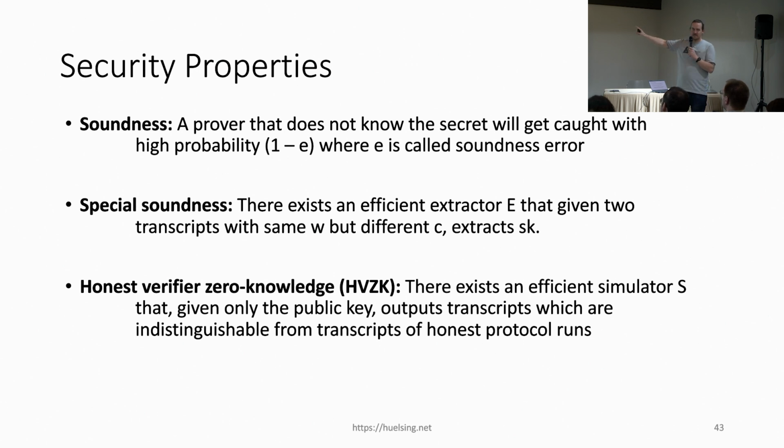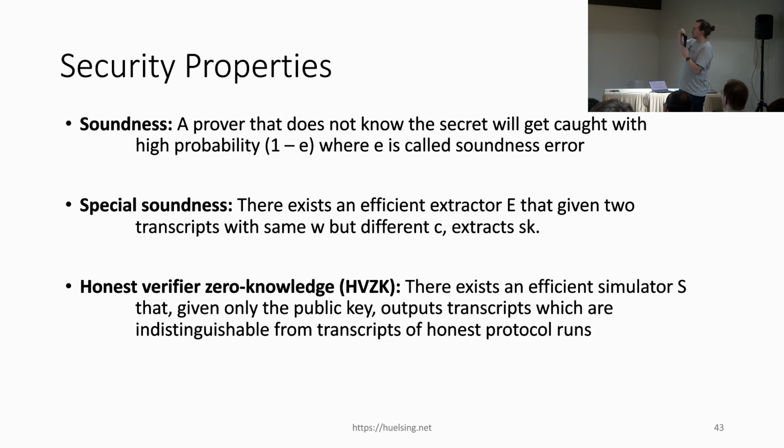We have seen e was pretty bad for the Sudoku case, which translates to massive inefficiency. But if you have reasonable sized e, so significantly smaller than 1/2, then you actually are on a good way. Then we have special soundness, which is something that you can get from soundness for certain schemes, and we will see that the schemes that we are interested in actually have this.